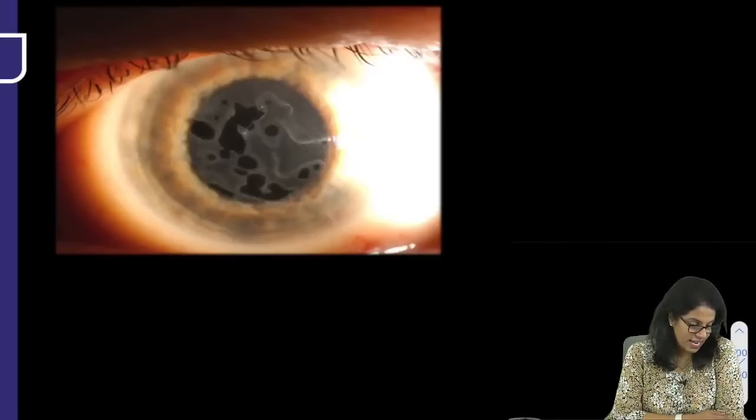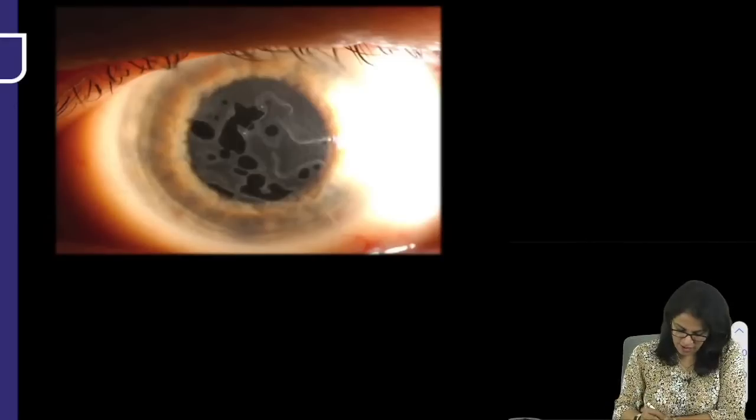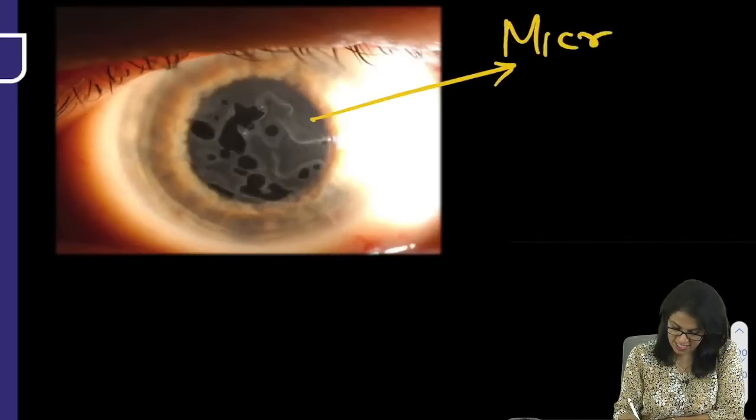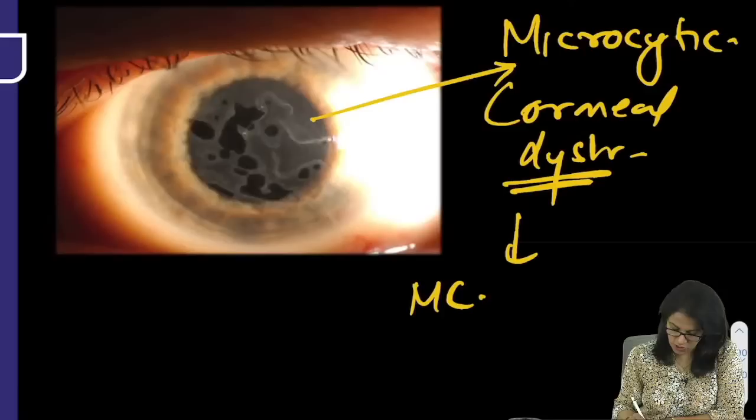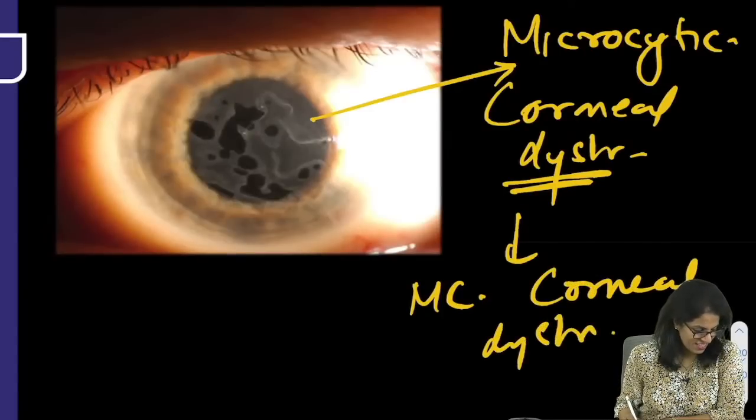It's a type of dystrophy. So this map dot and fingerprint dystrophy, this is your microcystic dystrophy. We are talking about microcystic corneal dystrophy. This is one of the most common corneal dystrophies overall. You will revise this.